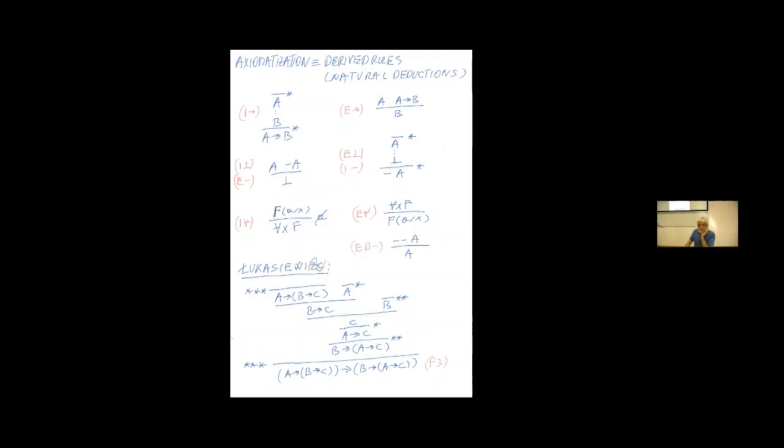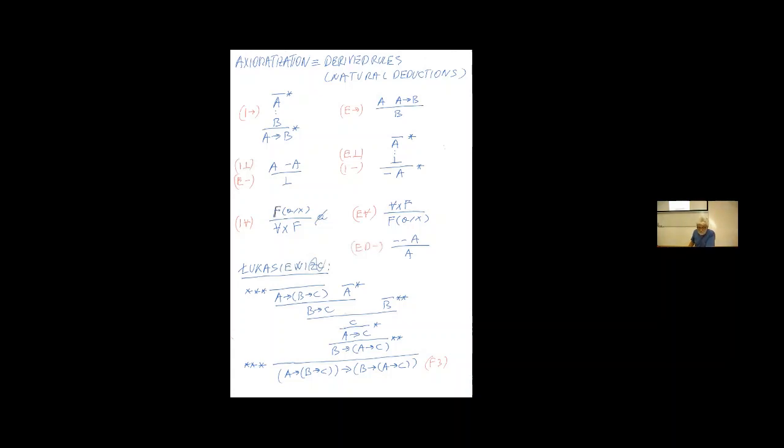This is this one in the left upper corner. So if you assume A and you succeed in deriving B from this assumption, then you can derive if A then B without this assumption. This is the so-called theorem of deduction, also called introduction of conditional.